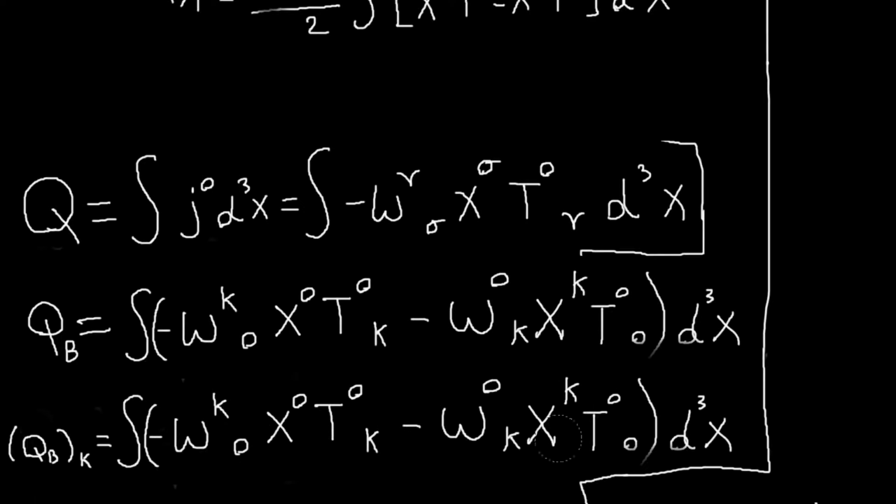So again, this expression is exactly the same as this expression. The difference is that here we're summing over k, and here we're not summing over k. k is just either 1, 2, or 3. And so this Q_B is the sum over k of this.